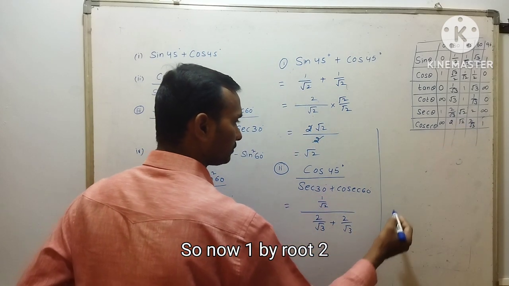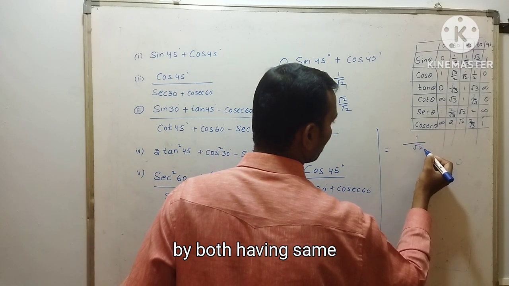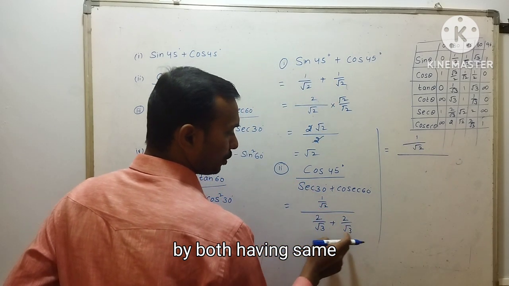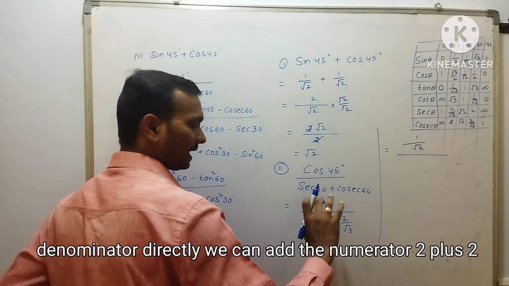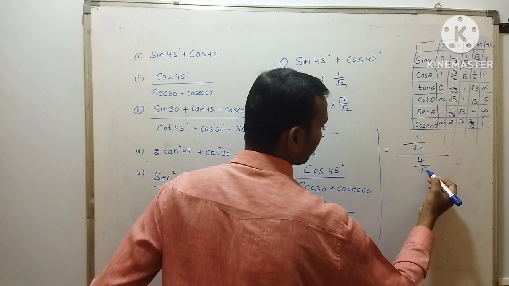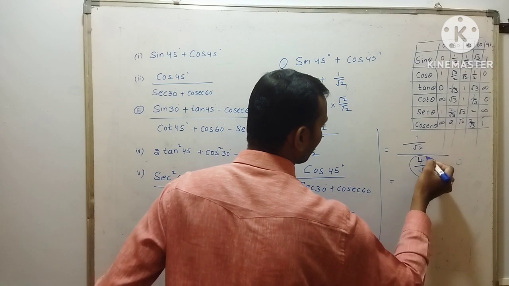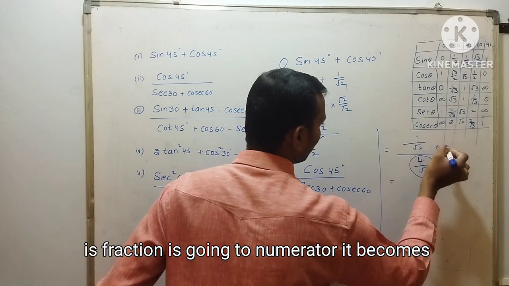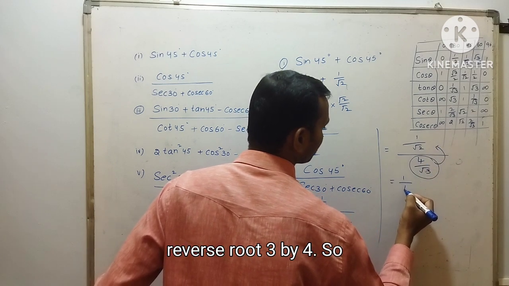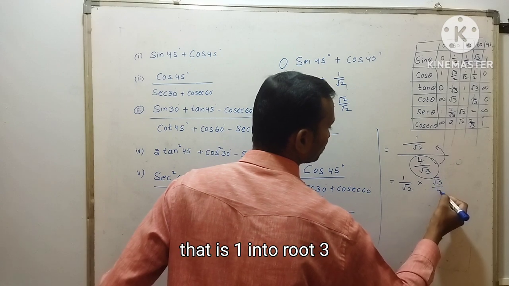So now 1 by root 2 by, both having the same denominator, directly we can add the numerators. 2 plus 2 become 4 by root 3. Fraction by fraction, whenever the denominator fraction goes to the numerator, it becomes reversed. Root 3 by 4.